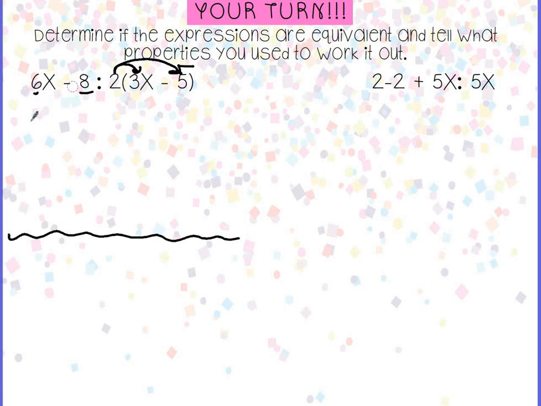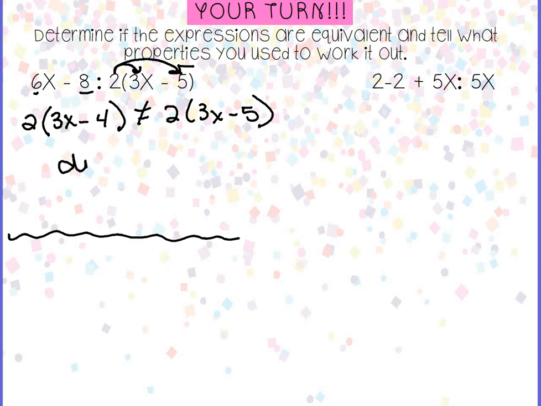So here, both 6 and 8 are divisible by 2. So then this becomes 6 divided by 2 is 3x, 8 divided by 2 is 4. And I can see that that is not equal to 2 times 3x minus 5. And I still use the distributive property to figure that out.